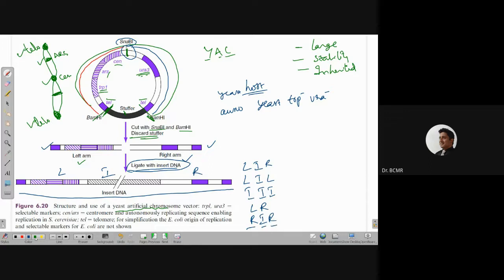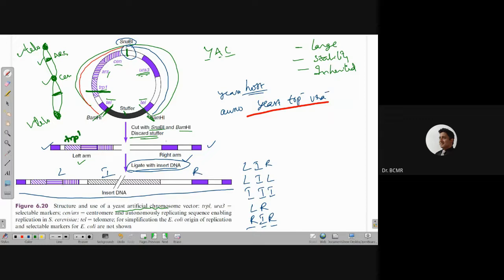So which ones will grow, which ones will not grow? Can anybody try telling me? This is the scheme that we have. This is the host. So the left arm, what is the first? Left arm has TRP1.